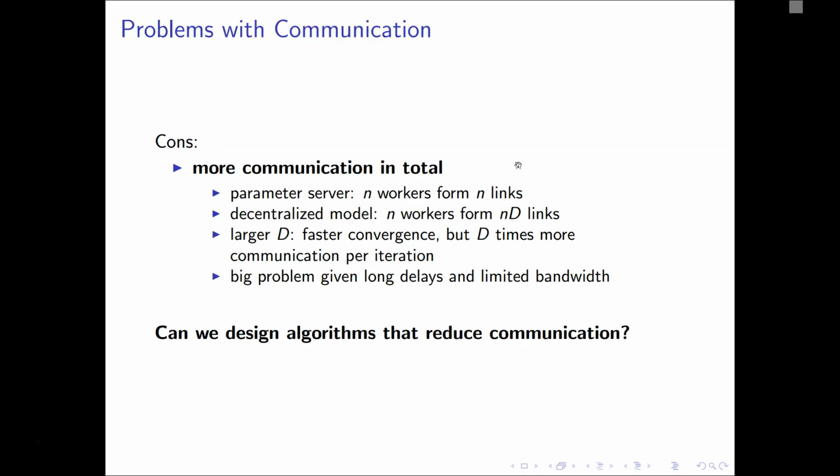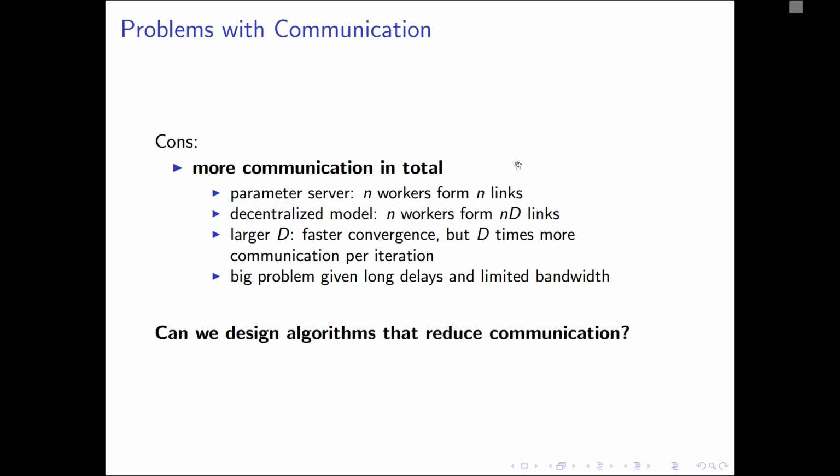So we first talk about why we want to come up with communication saving algorithms. As we mentioned, there are some disadvantages with decentralized optimization. One is that it requires more communication in total. Think about the centralized model where you have a parameter server and n workers forming n links between them.